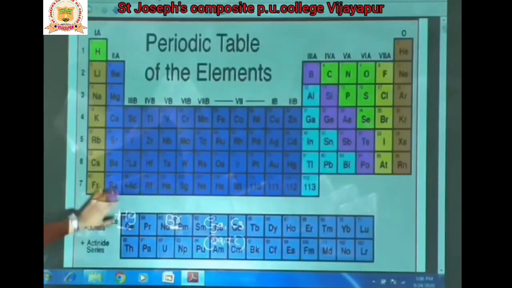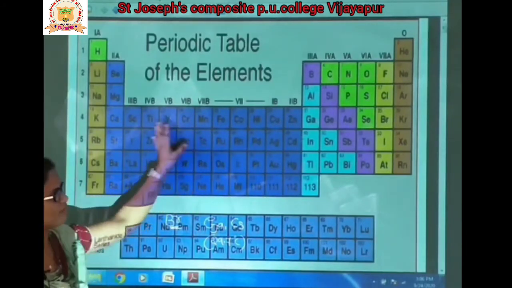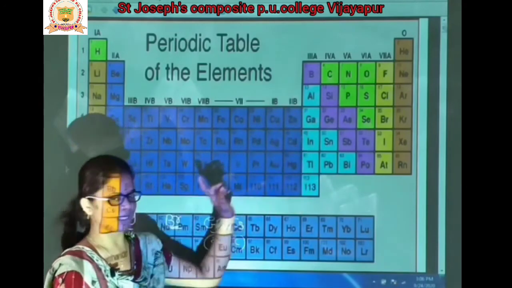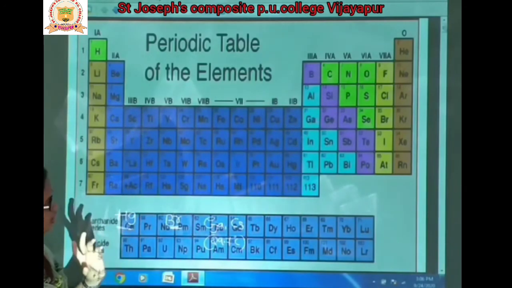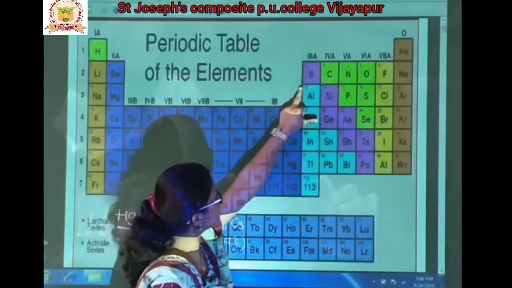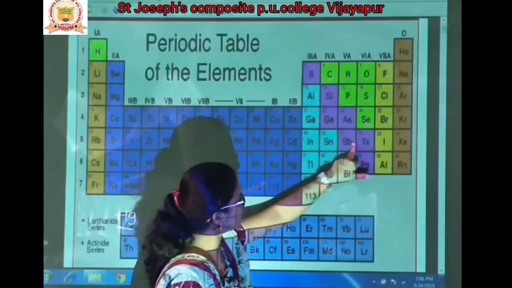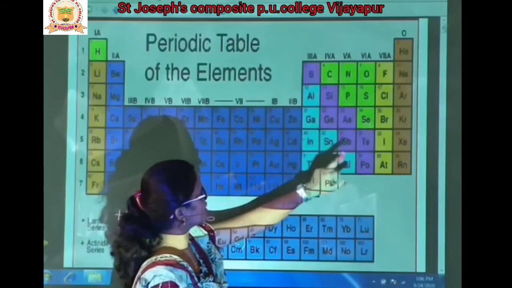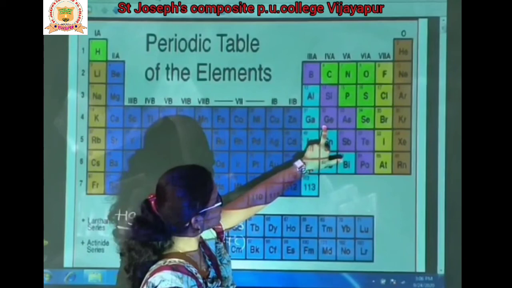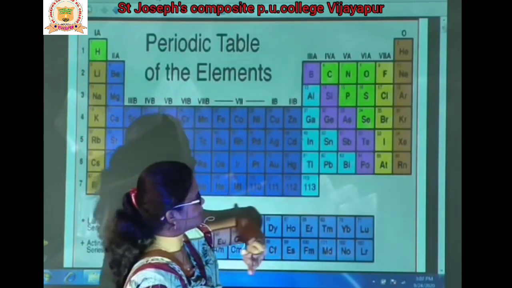See students, these are all metals, and these are also metals of the P block elements. And what are non-metals here? The zigzag portion, the purple colored line, no? These zigzag portions are semi-metals. What are those? Boron, silicon, gallium, arsenic, antimony, tellurium, polonium.